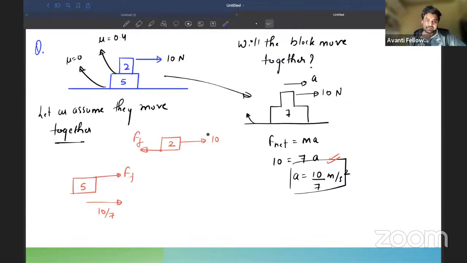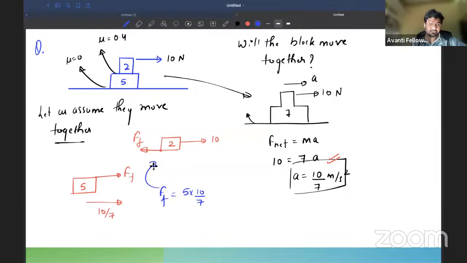So if I take this block and analyze, देखो, if I take 5 kg block, 5 kg block को अगर उठाते हैं तो I can write F net, that is FF, friction force is equal to MA, M into 10/7, right? ये तो आया नीचे की वजह से, if it is moving with 10/7 acceleration.